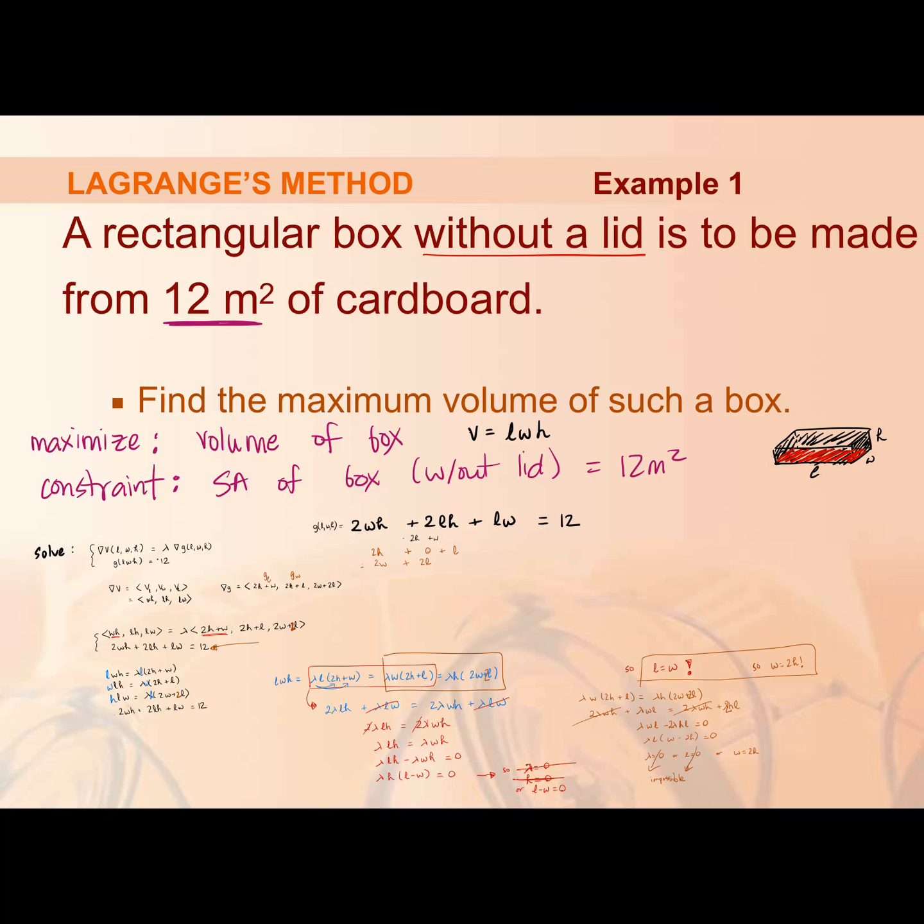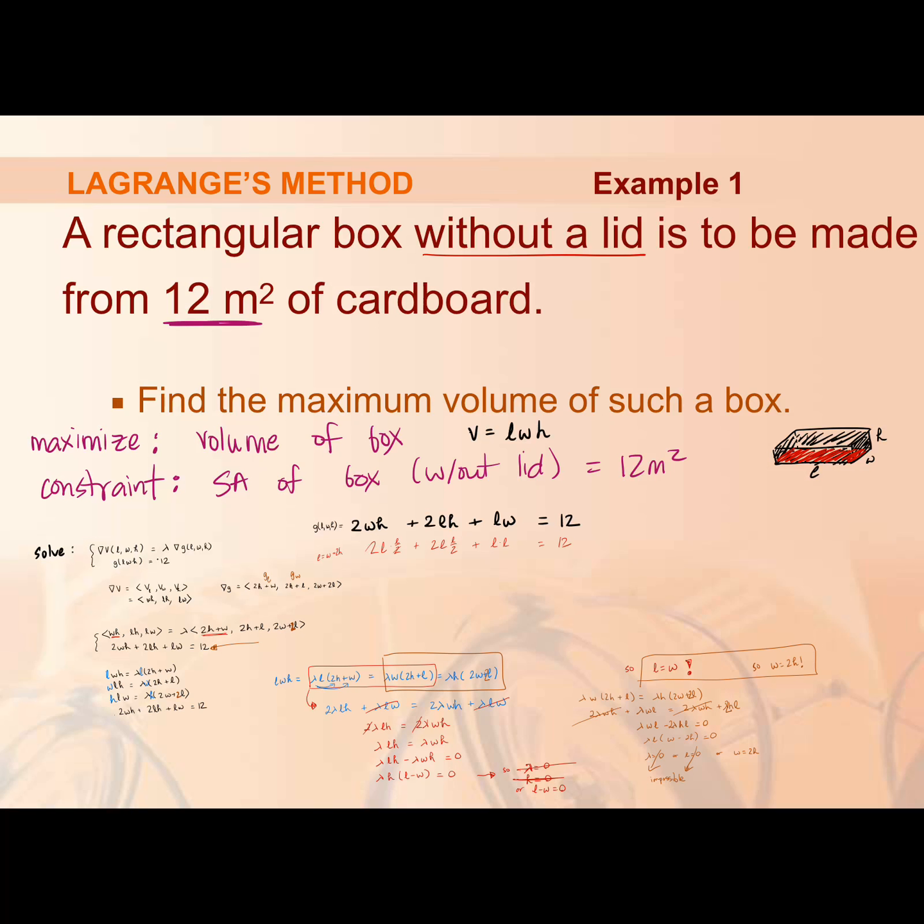If we know that L is equal to W and W is equal to 2H, so we said L equals W equals 2H. Let's convert everything to L. 2L, H, so that means H is equal to L over 2. Plus 2L, H is L over 2. Plus L, W is L, is equal to 12.